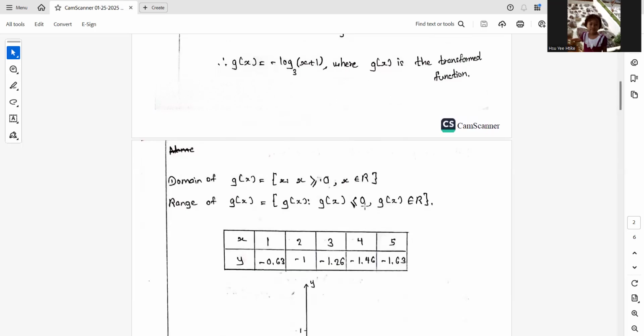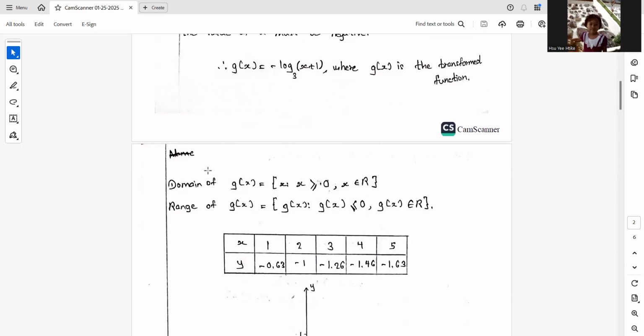Then the domain of g of x is x greater than or equal to 0 and x belongs to R. For the range of g of x, the value of g of x must be less than or equal to 0, where g of x belongs to real numbers.